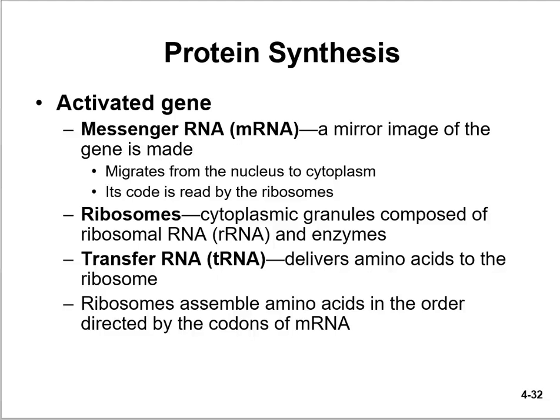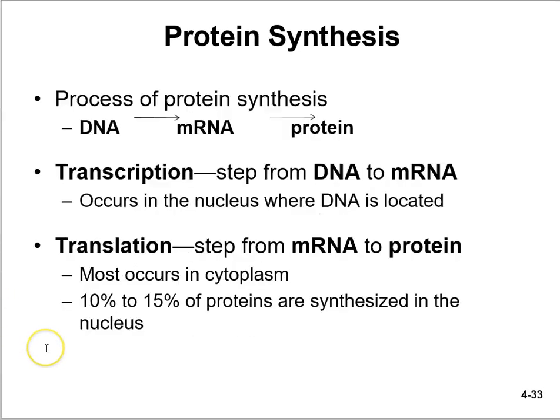So therefore we can say ribosomes assemble amino acids in their correct order, which is directed by the codons of mRNA, which was previously copied from DNA's code. That's how protein synthesis begins. We go from DNA to messenger RNA and eventually proteins. Transcription is the act of mRNA copying or transcribing DNA. This happens in the nucleus.